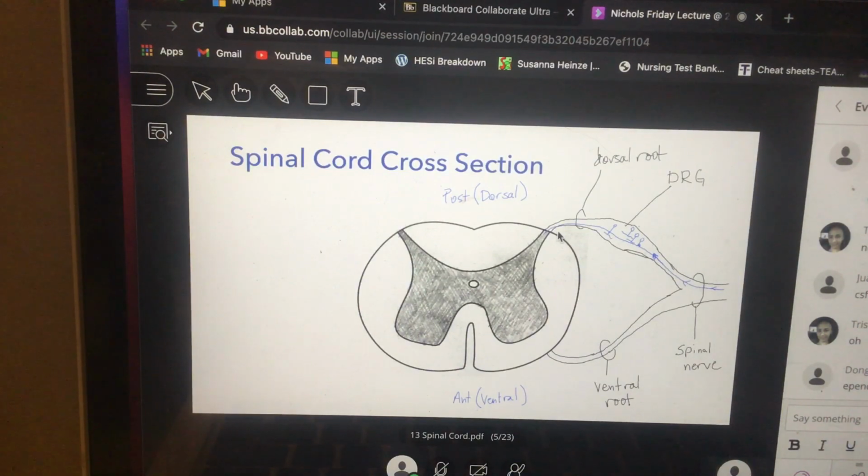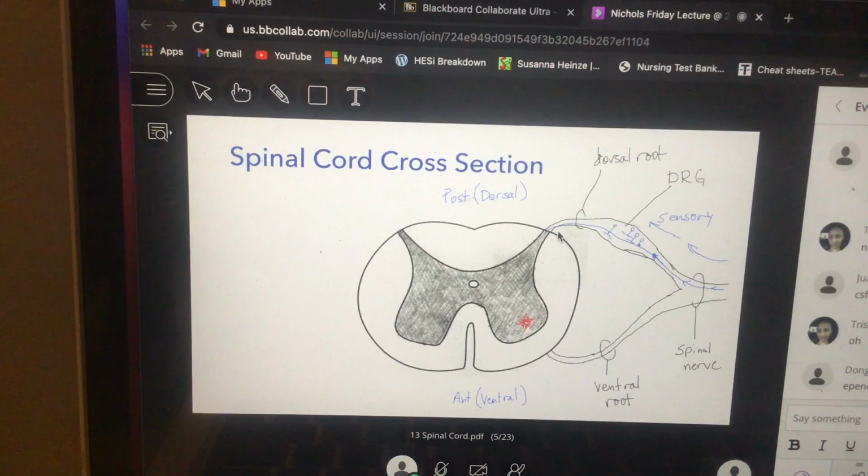All right, so all sensory input into the spinal cord comes in through the spinal nerve, but then it splits and goes only through the dorsal root. The ventral root is motor only, and it consists of axons. I'll try to draw a cell body of a single axon.